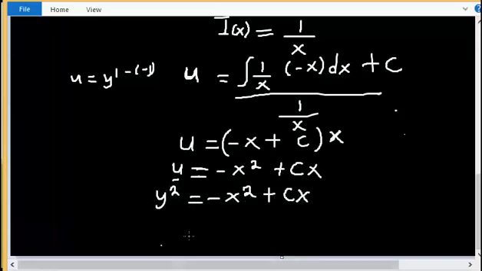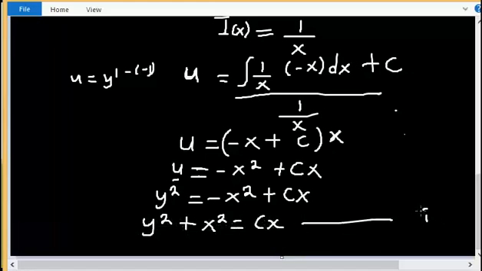So I can take the minus x squared to the other side of the equation. So this is going to be y squared plus x squared equal to cx. So this is the solution to that particular equation.